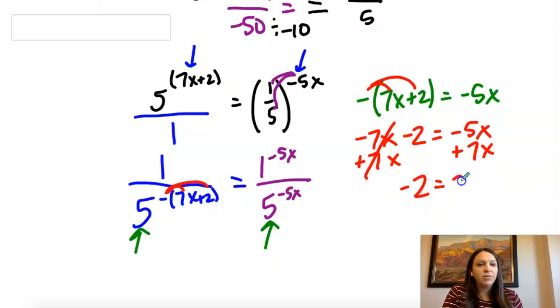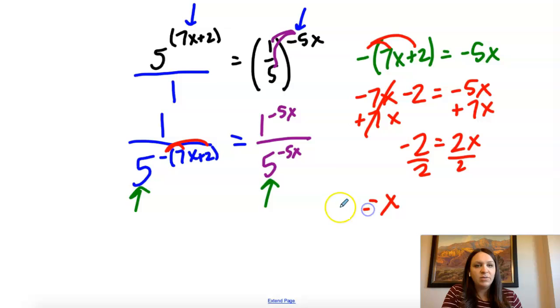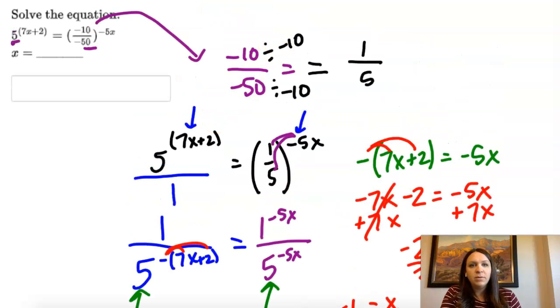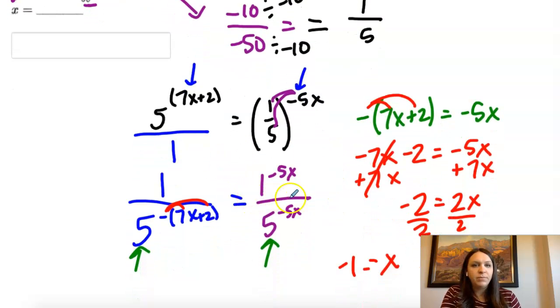So negative 2 equals 2x. Divide both sides by 2. X equals negative 1. So I'm going to put negative 1 in right here for x.